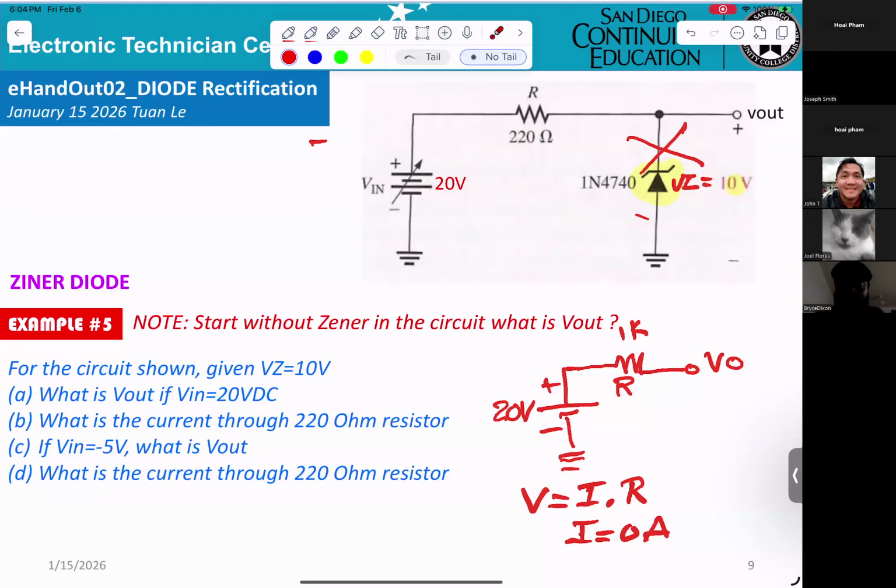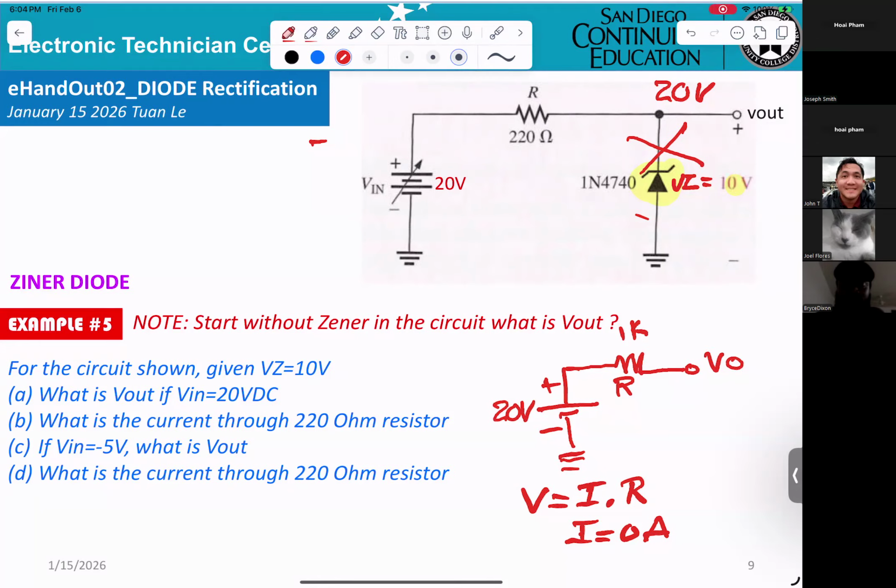The thing is there's no diode here. They're open. Current zero. So the voltage here and the voltage here must be the same, without zener. Is it correct? Correct.